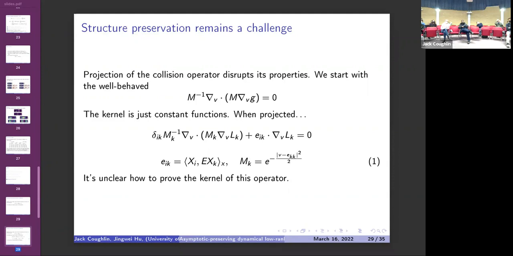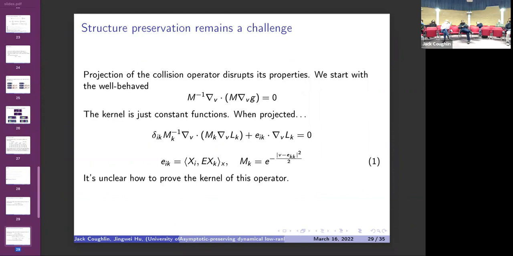And then the off diagonal entries are like this cross advection thing. So it's unclear how to prove that the kernel of this is constant functions in V. And yeah, so the problem that arises, I think, is that this collision operator is really combining X and V in a super not separable way.